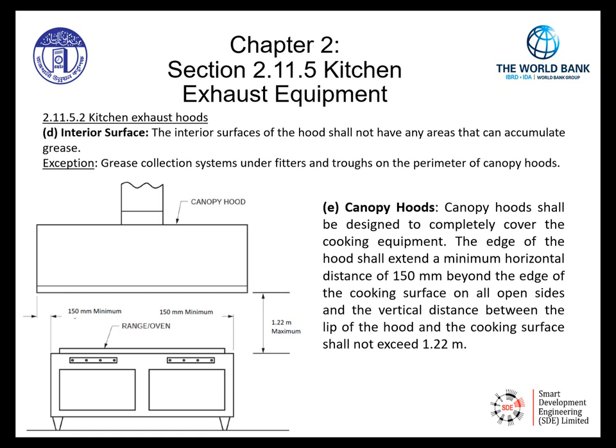This is designed such that it allows the cooking effluent, the fumes, the grease, the smoke, and other particulate matter to be captured by the canopy hood. In other words, it overlays beyond the cooking equipment to properly capture the contaminants within the hood.